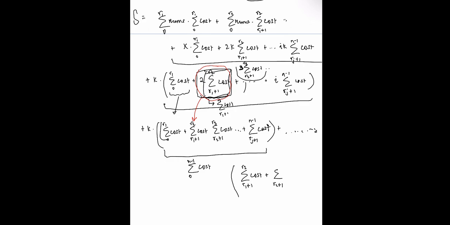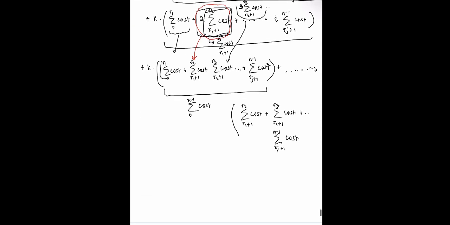I've taken one earlier here, the two more left. So I take one here, it's cost R3, and so on till the end. I take one again from that, Rj plus 1, n minus 1 cost. So again, if you notice, this part is nothing but R1 plus 1 till n minus 1 cost, right? And what is R1 plus 1? It's nothing but where my second subarray started from.